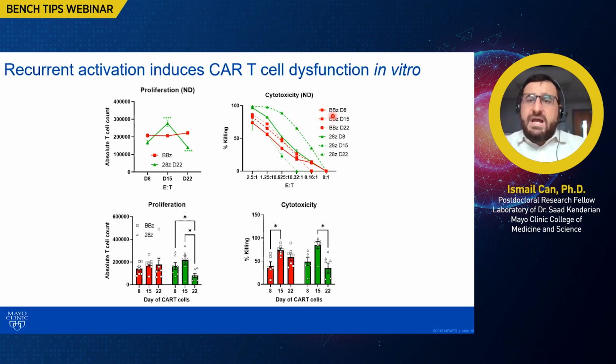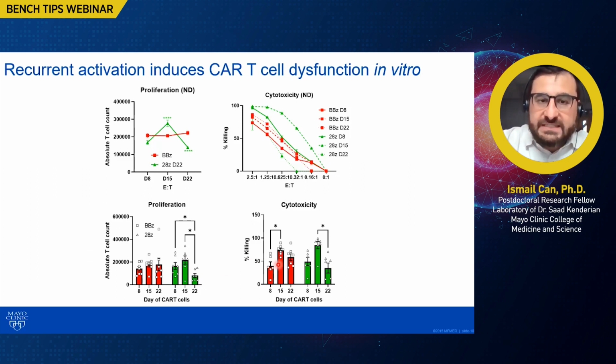Then we combined multiple donors, and what we noticed is that the CAR T cells co-stimulated by 4-1BB seem to have a more stable proliferation response, but we see loss of proliferation in the 28Z CAR T cells, which are co-stimulated by CD28.